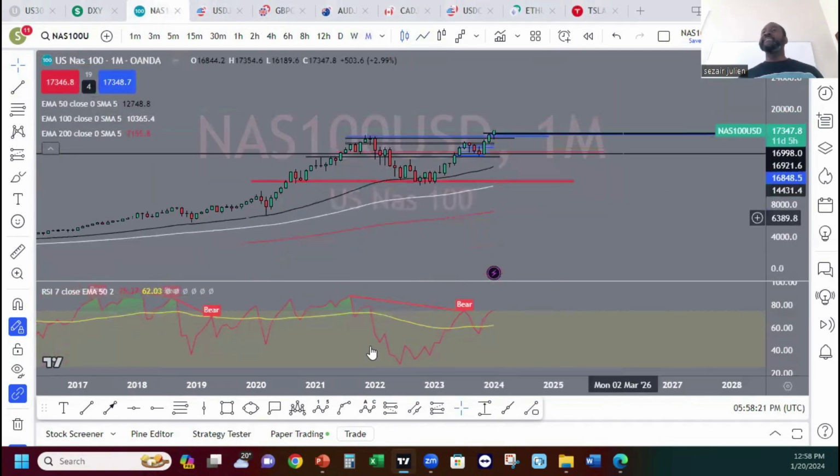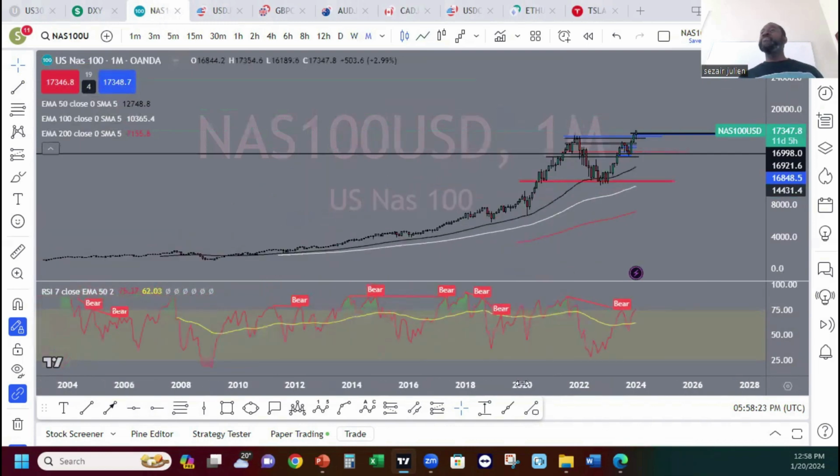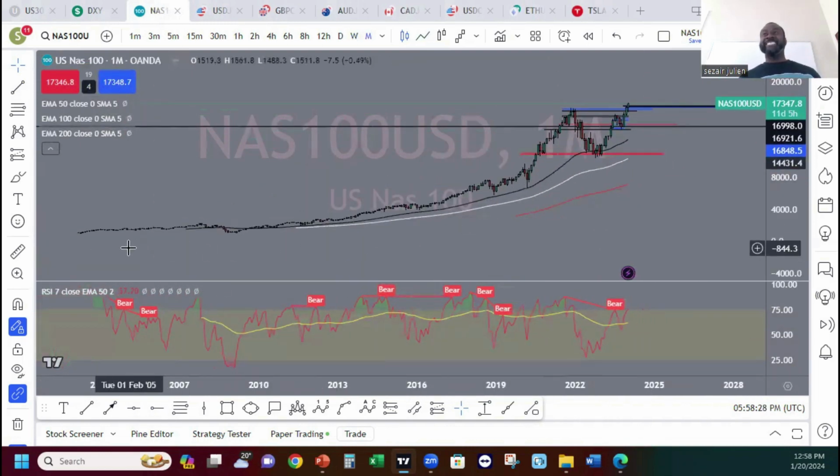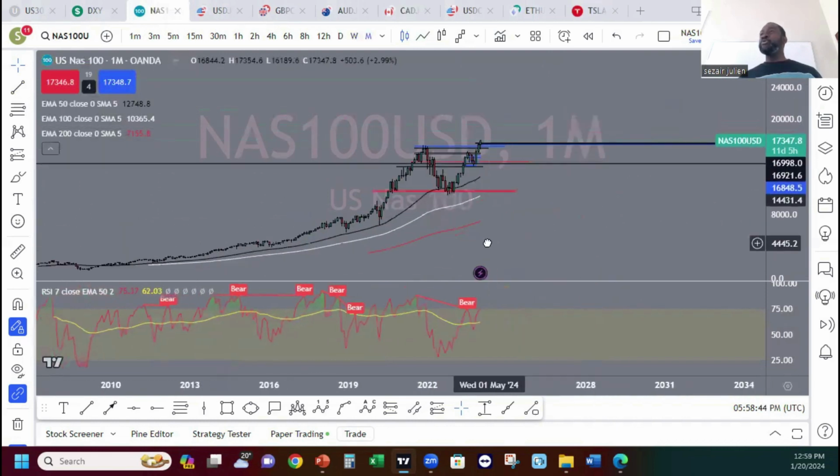This is the NASDAQ from the beginning. This is the whole history of the NASDAQ, from 2003, 2004, all the way to today in 2024. See, that's the whole history, and it's been going up, in a bullish trend.